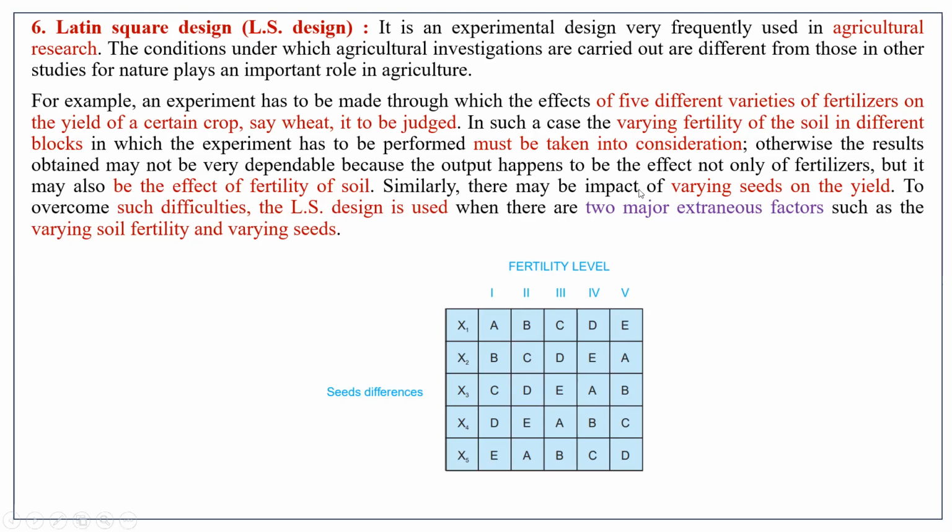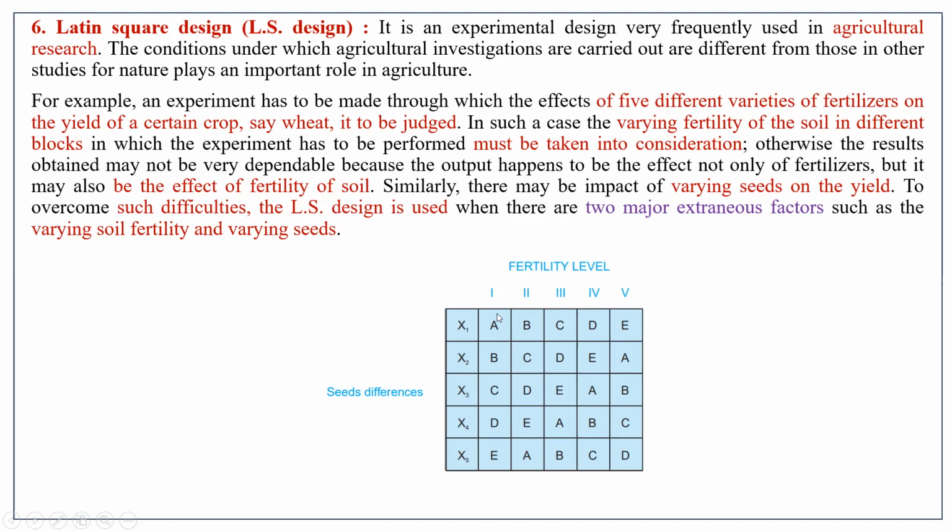So whenever LS design is used, generally, there are two major external factors. In this case, soil fertility and seed differences are the extraneous factors. And what you want to find out is the treatment of different fertilizers. So these are the 5 levels of the fertility of the soil. These are the seed differences, 5 seed differences they have taken, and A, B, C, D, and E are the 5 different fertilizers.